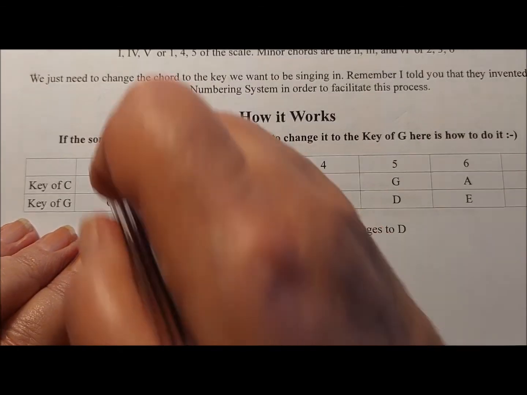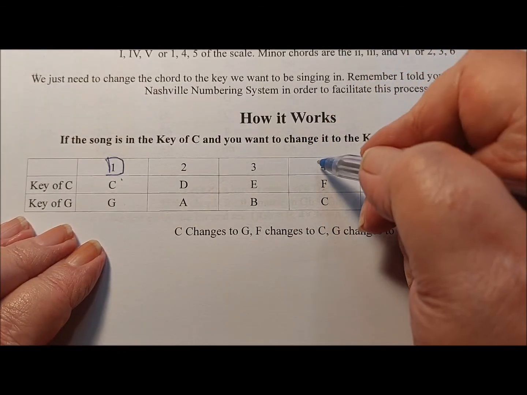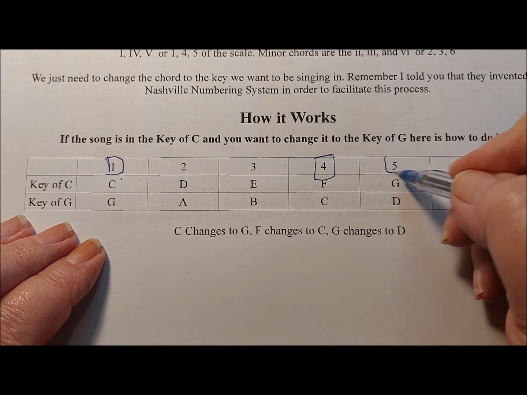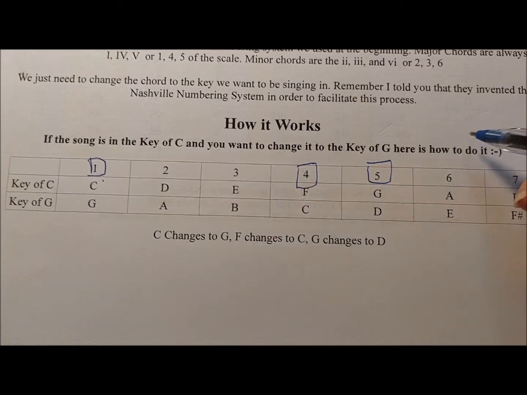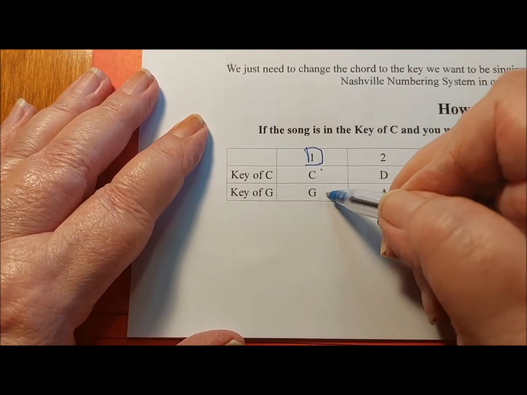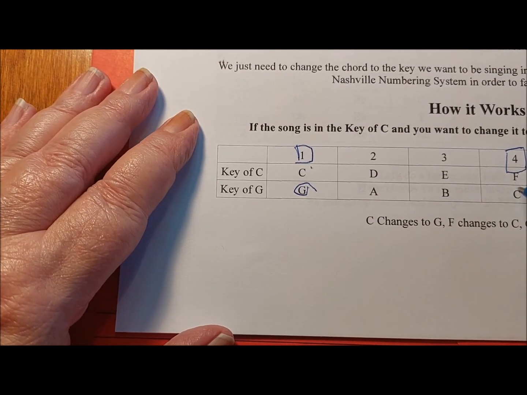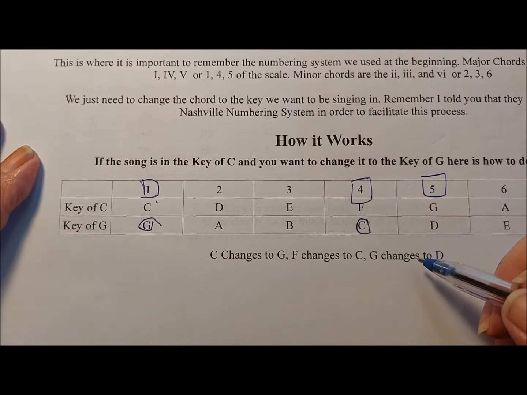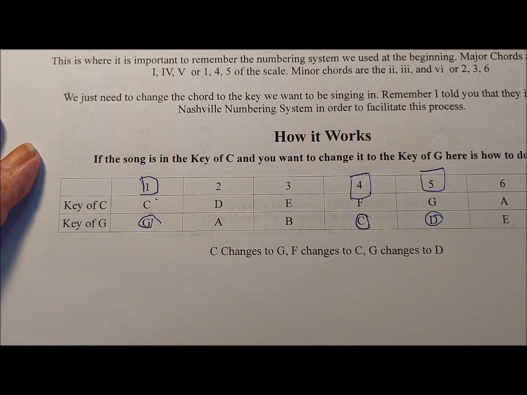So, for every 1, 4, and 5, which are usually your main chords, right? We said that already. So if I have a C, I just change it to a G. If I have an F, I change it to a C. And if I have a G, I change it to a D. Got that?